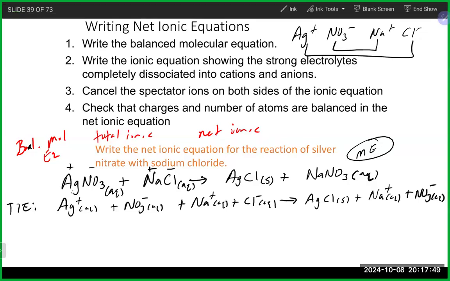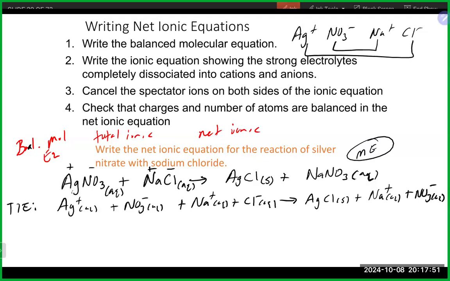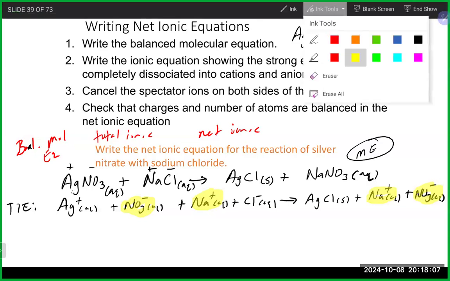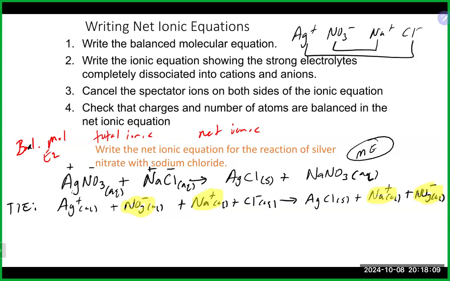This is the equation where we can identify our spectator ions from. And in this case, we have nitrate on the left and nitrate on the right, which would be a spectator ion. We also have sodium on the left and sodium on the right, which would be a spectator ion. So both of those are going to be our spectator ions here.